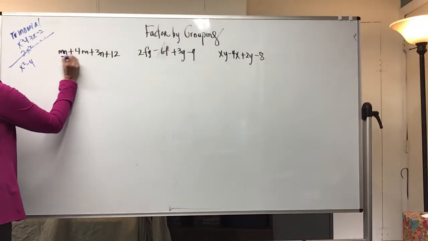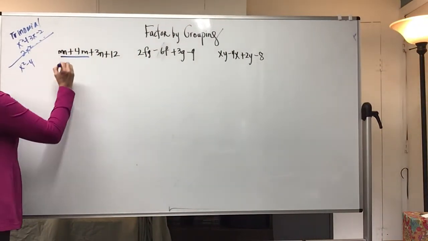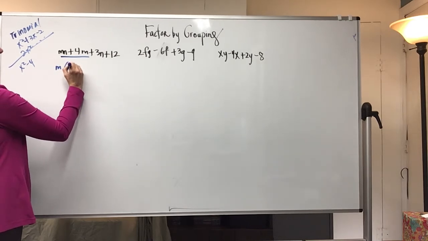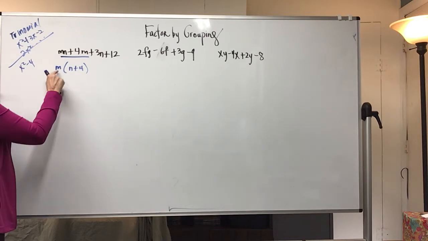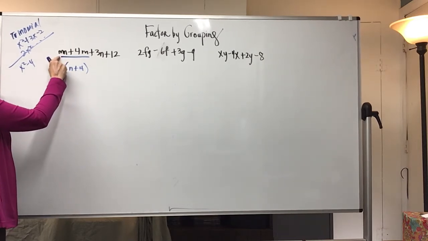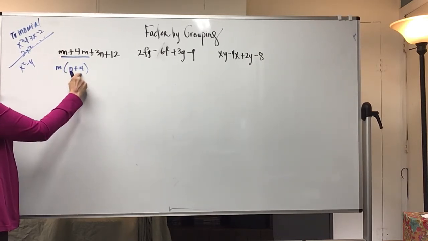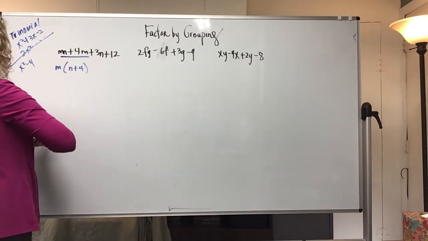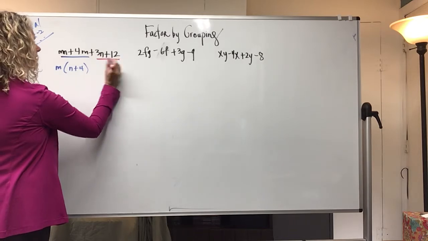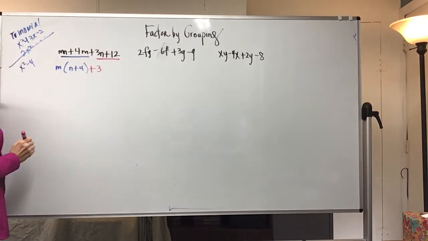looking at the first 2, and notice you can pull out an m, leaving n plus 4 in the parentheses. And notice if we were to work backwards, m times n is mn, and m times 4 is plus 4m. Looking at the second 2 terms, they have a 3 in common.